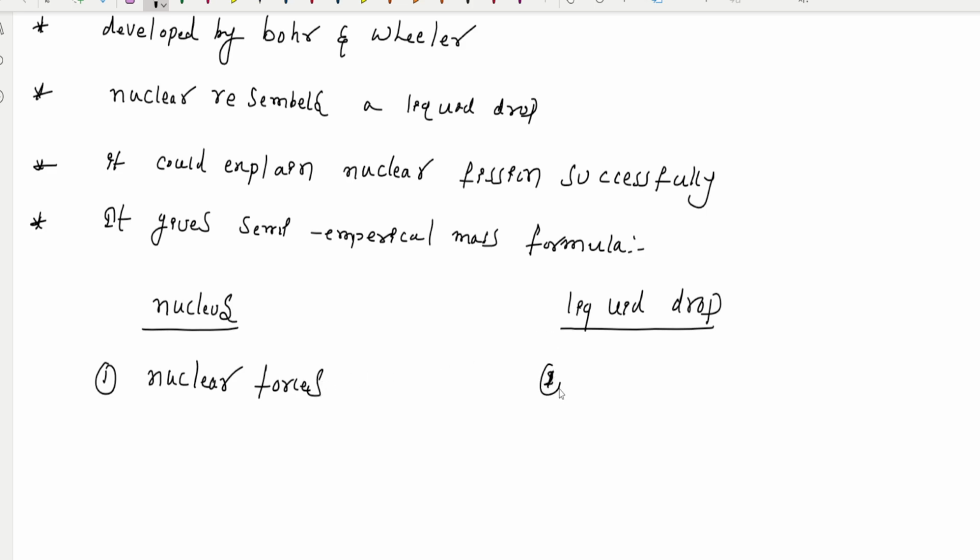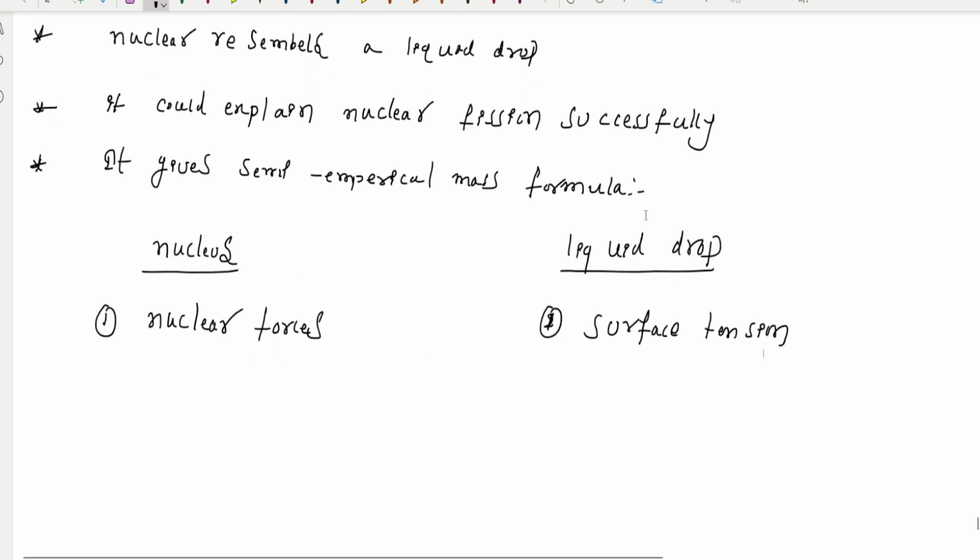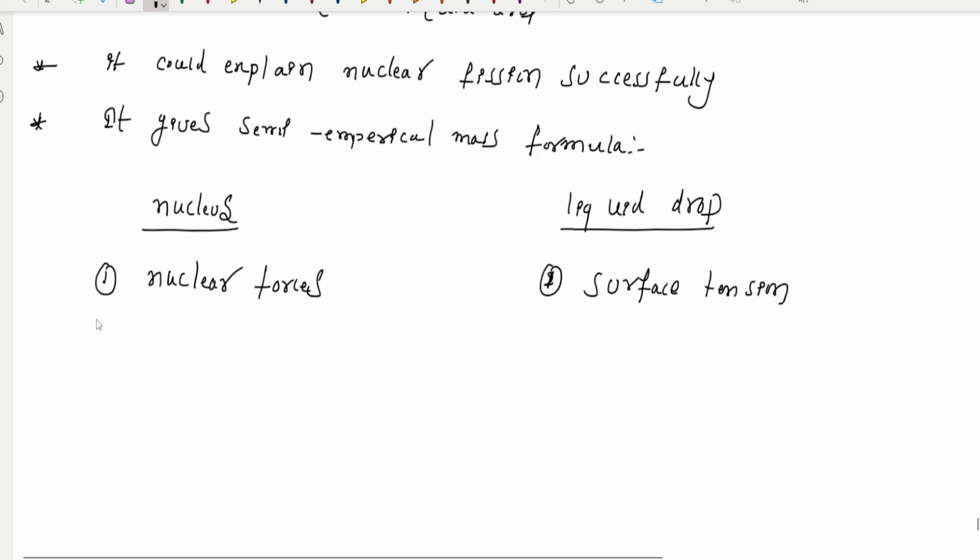Here, surface tension. Density of the nucleus is constant.